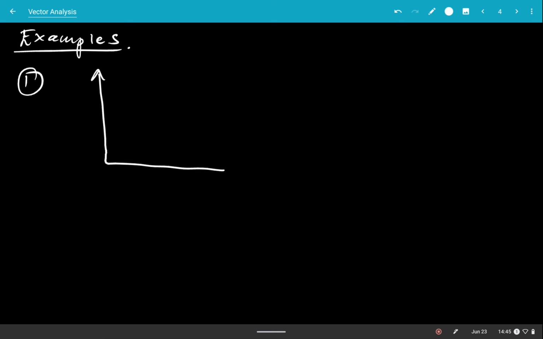This is the y-axis, which is the j hat, and this is the x-axis, which is the i hat. Provided that you have a vector in that manner, this vector can be a force, velocity, displacement, or even a wave vector.